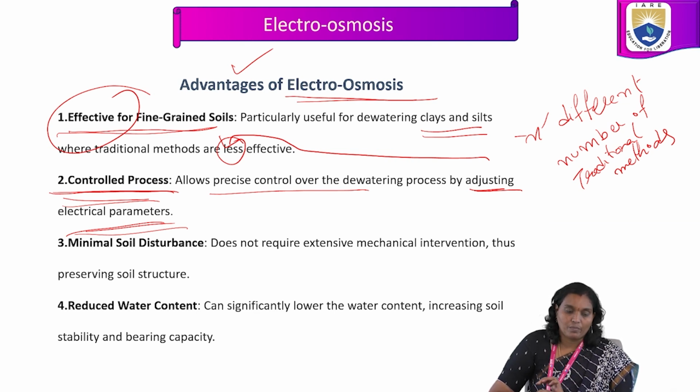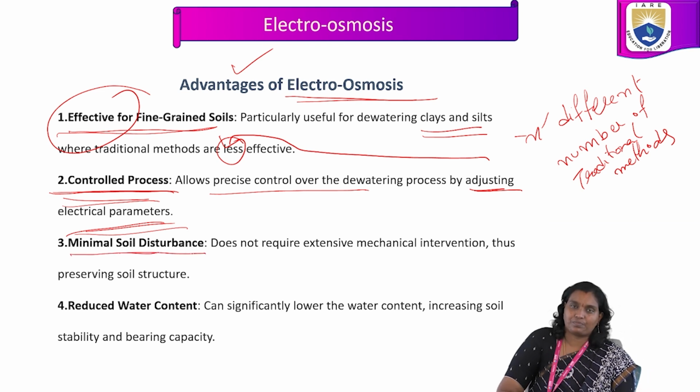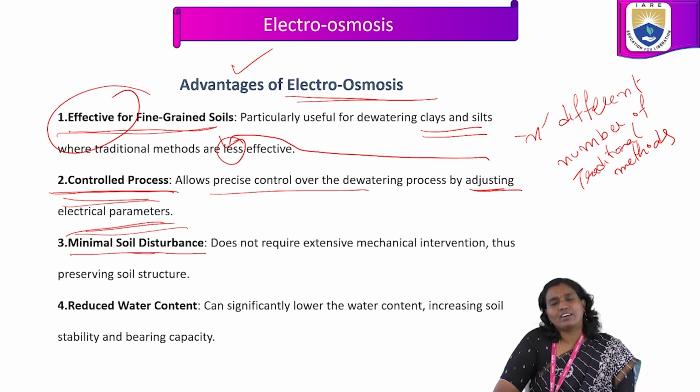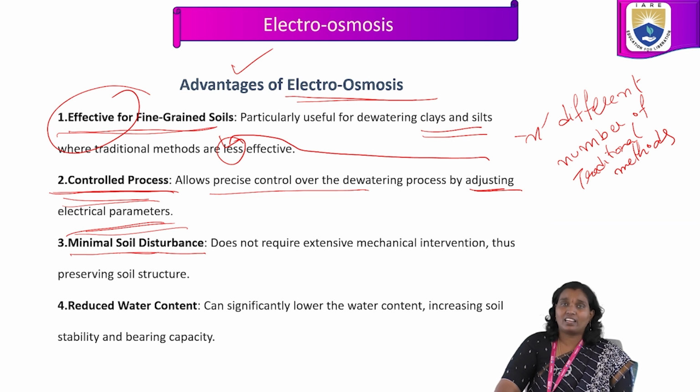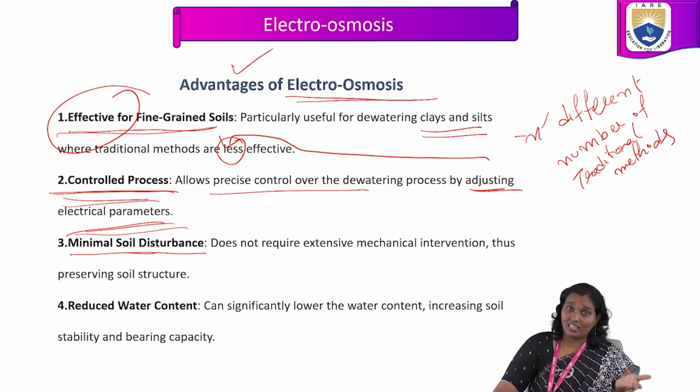And the next one is minimal soil disturbance. Coming to some of the traditional techniques, we may get more soil disturbance in some situations, according to where the site is, the site investigations, and soil types also.